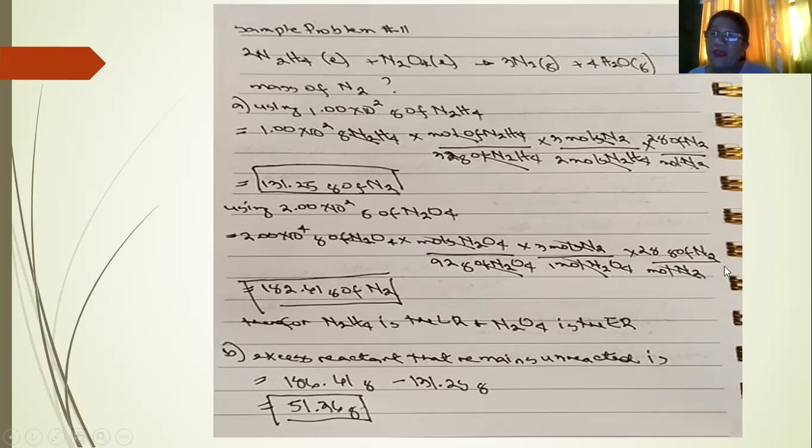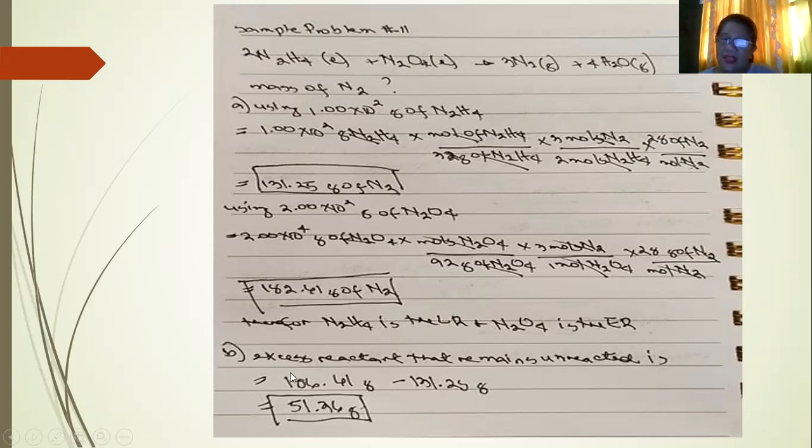Multiply by the molecular weight of nitrogen. We have 182.61. So which is the excess reactant and which is the limiting reactant? Of course, kanimoy gamay. So using the hydrazine, your hydrazine is the limiting reactant, while the dinitrogen tetraoxide is your excess. So how much is the excess?